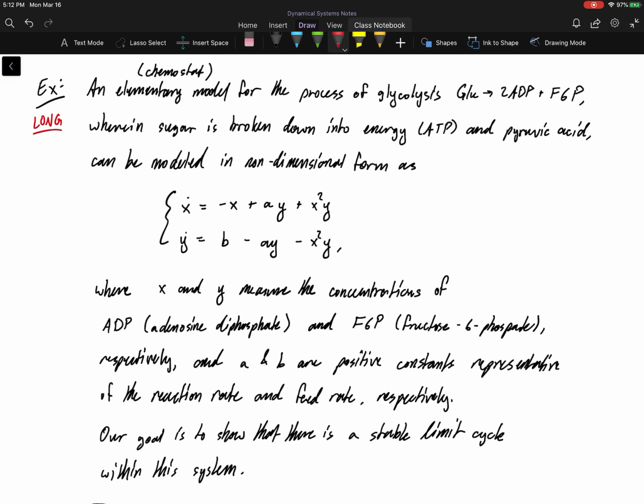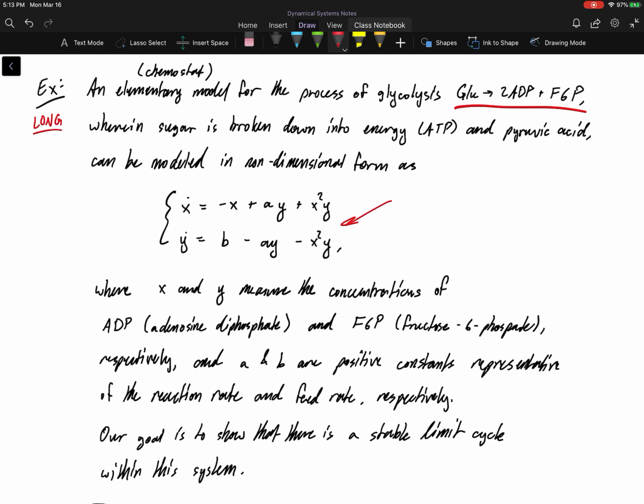So what we would like to do here is show that this chemical reaction is actually modeled by this system, or that there is a simple way to think about this in terms of the law of mass action. So take it on faith right now that this is the non-dimensional form of one of the first few steps in glycolysis.